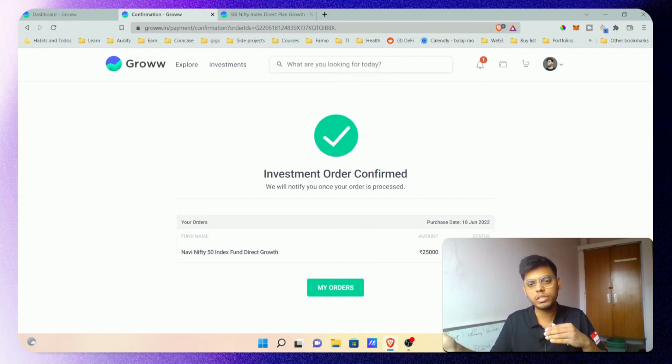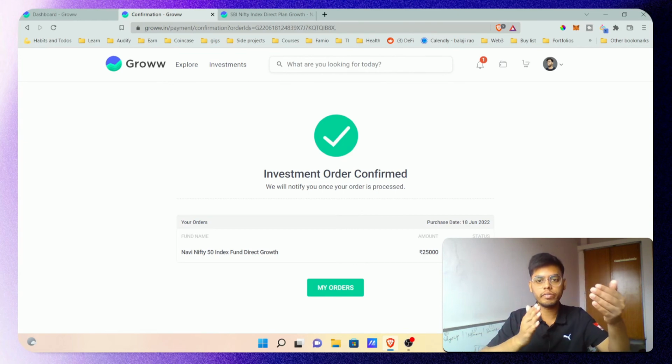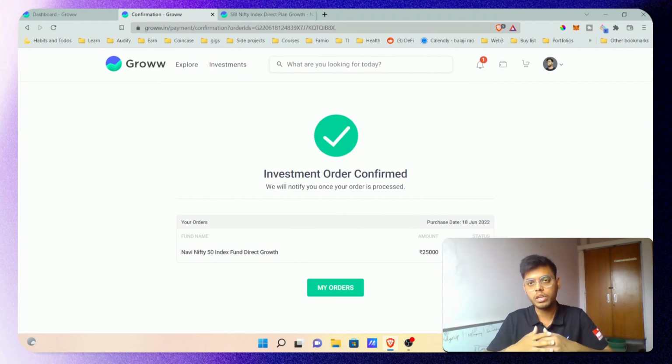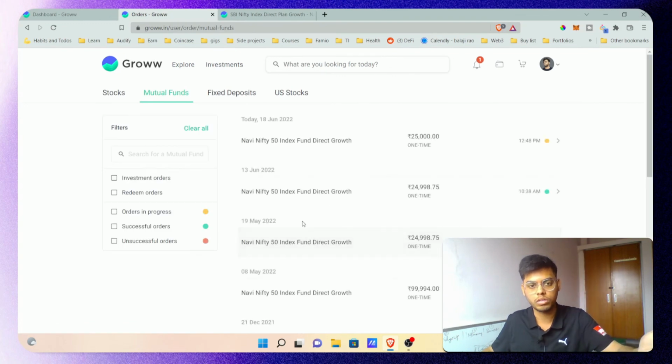After 2 to 3 days, they allot a folio number along with my units, and give it to Grow or any demat broker, which shows my order status. Once the units are allotted in my demat, the order gets completed, and my orders will be shown in my orders.